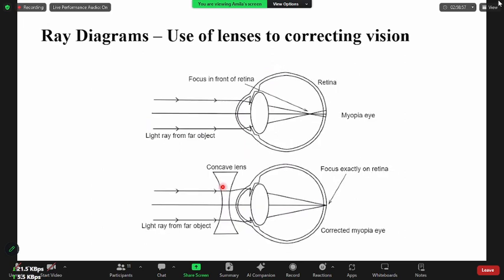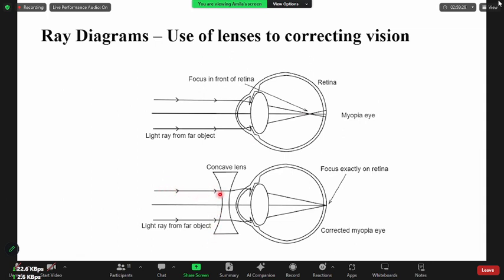Then here there's the other problem. We have light rays from a far object, and they focus before the light rays reach the retina. Again, the person can't see things clearly. So what we want here is to spread the rays out more, therefore we will use a concave lens.